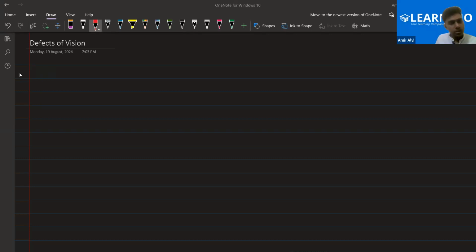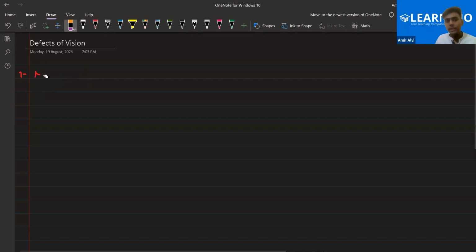So now let's first understand the topic, myopia. Myopia is also called nearsightedness or short-sightedness.